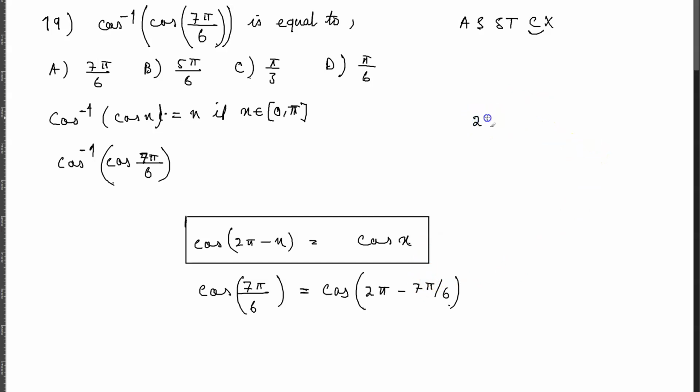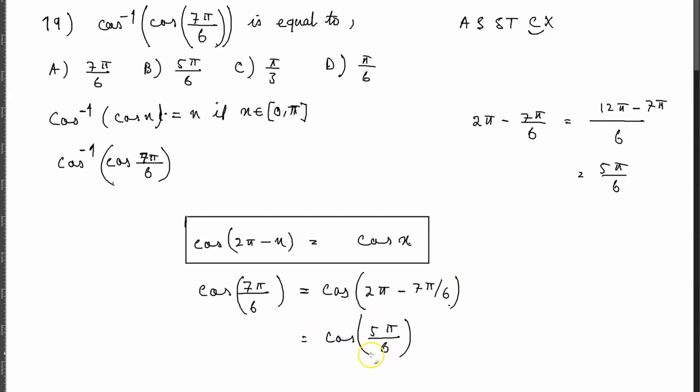So 2 pi minus 7 pi by 6 is equal to 12 pi by 6 minus 7 pi by 6, which is equal to 5 pi by 6. So that is equal to the cos of 5 pi by 6.